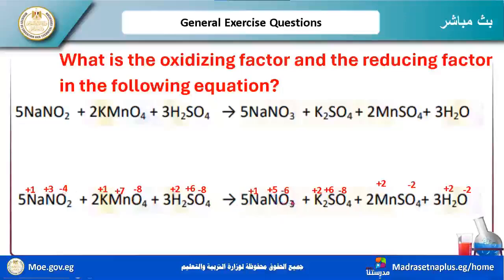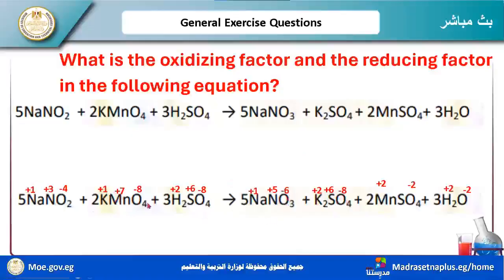The result is positive 2. So I conclude from these subtractions that if the result is positive, oxidation occurs. Okay, positive 5 minus positive 3 equals positive 2.